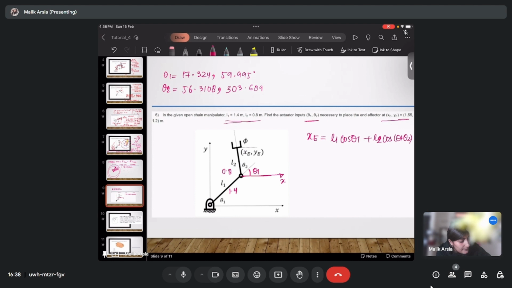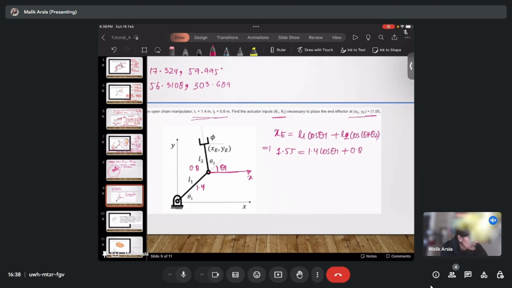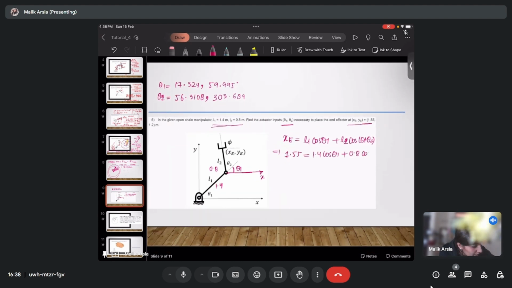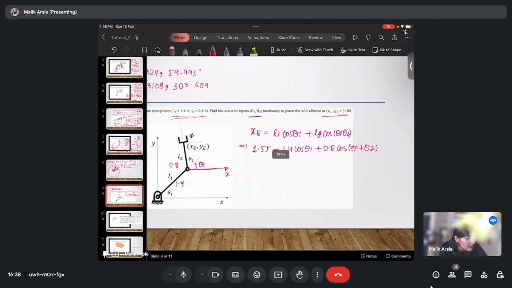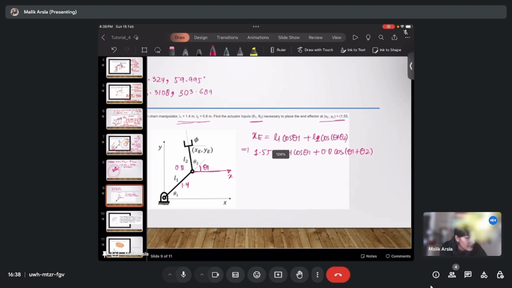Which can be written as xe, which is 1.55, is equal to 1.4 cos theta 1 plus L2, which is 0.8, cos of theta 1 plus theta 2. Okay, let me keep it like this.